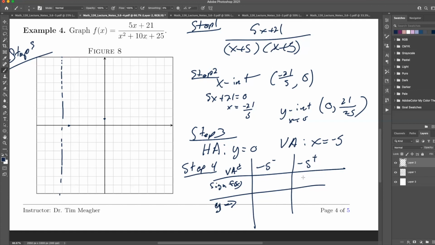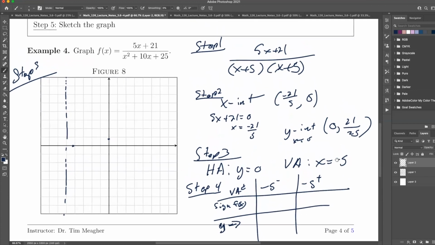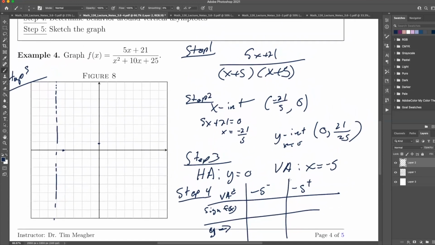All right, so let's look at this. If x is less than -5, so more negative, like -5.1, let's just use this as a test number. Usually I write the sign as something over something.